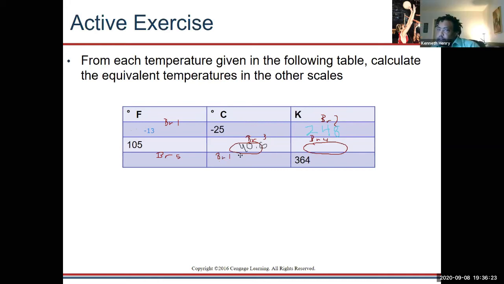Okay. So is that 40.6? Breakout room 3? Yeah.